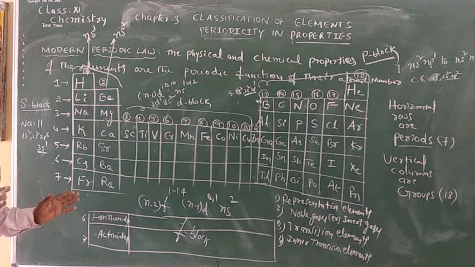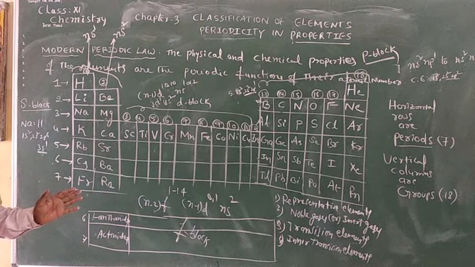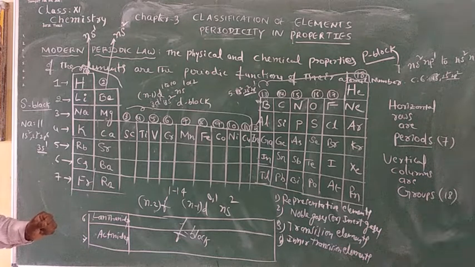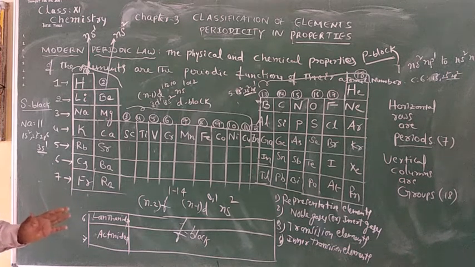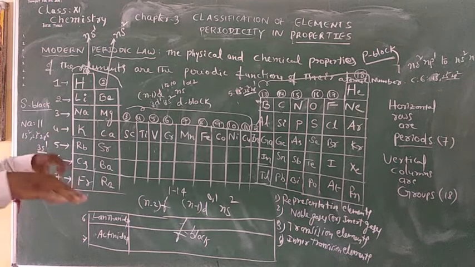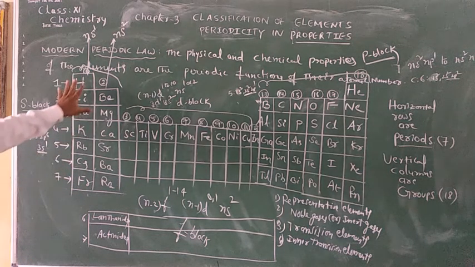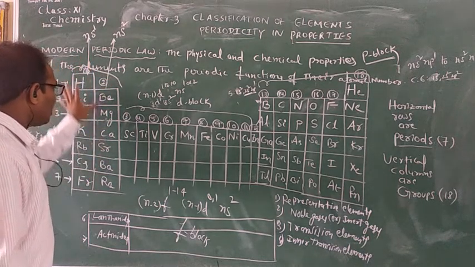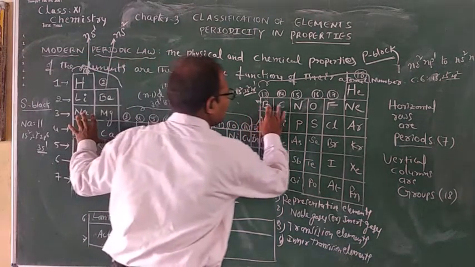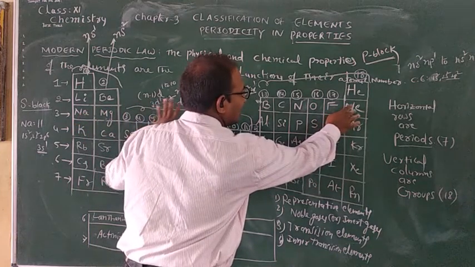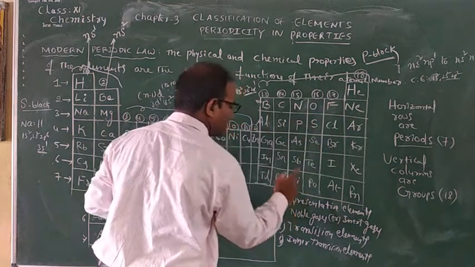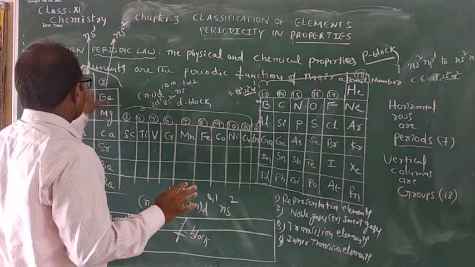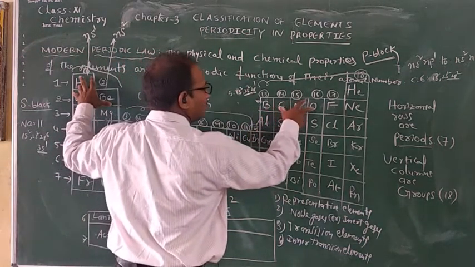Representative means important. Even in our day-to-day life we select some representatives, meaning they are important. Which are important in the periodic table? These s block elements, the 2 vertical columns, and groups 13 to 17, not 18, in the p block.